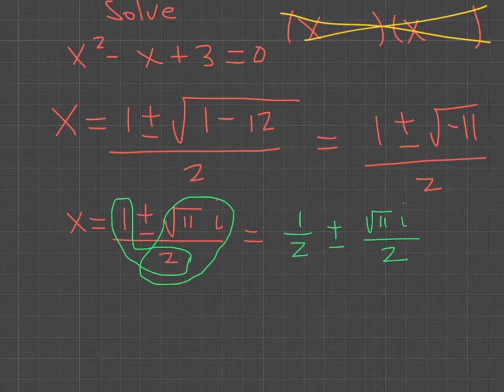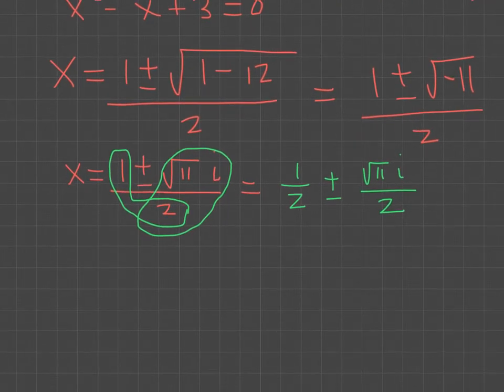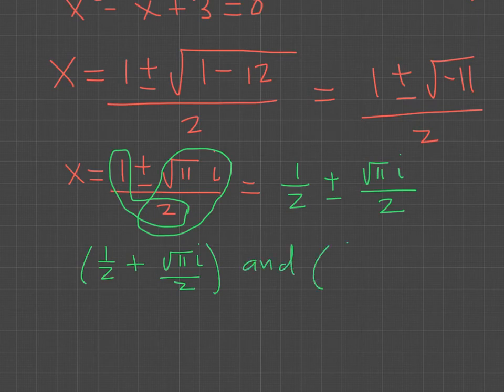So you can see that we have two complex zeros in conjugate pairs. So we have the 1 is 1/2 plus square root 11i over 2, and the other one is 1/2 minus square root 11i over 2.